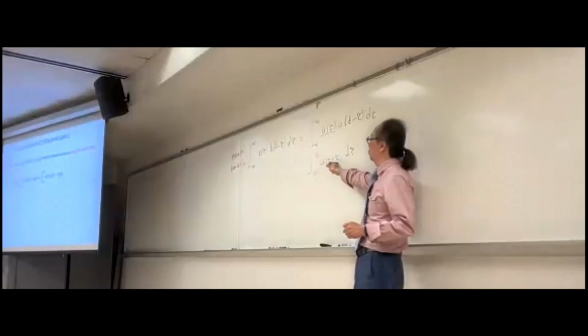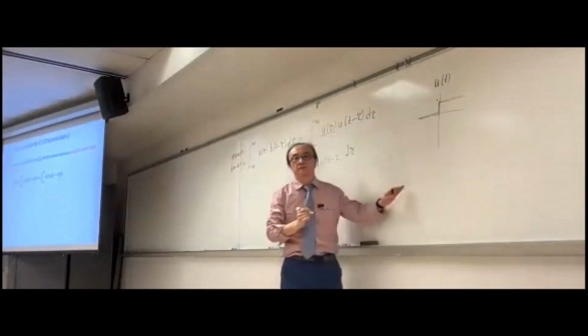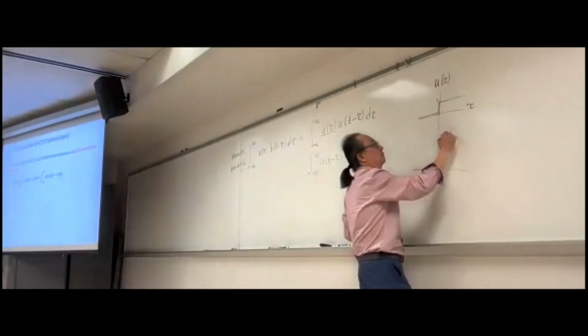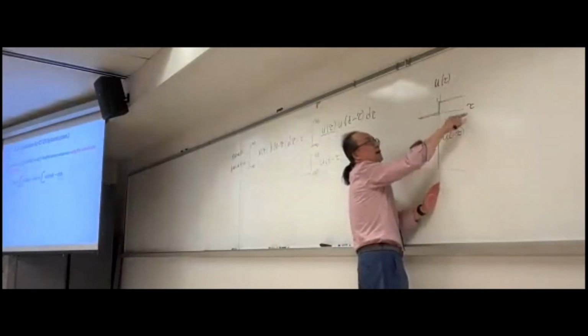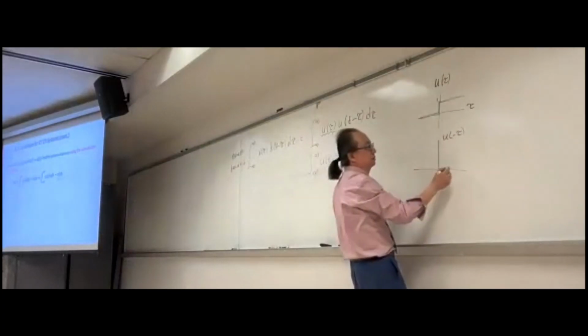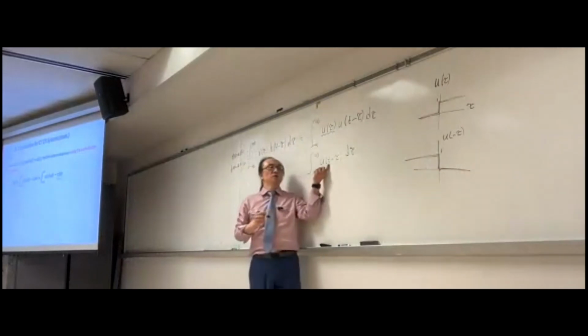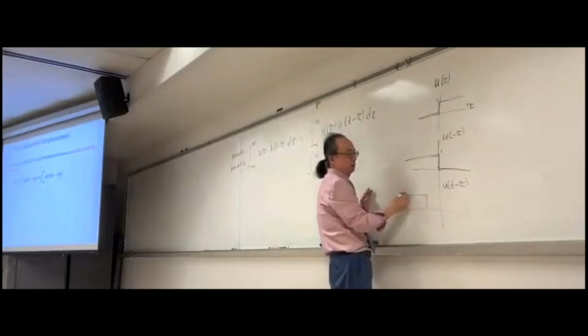Let's take a look at u of t minus tau. U of t is this, and u of tau is this. U of negative tau, what's going to happen? Positive tau is going to become negative tau. So we're going to have this, and then we're going to move it to t. It depends on the value of t. It could be this.